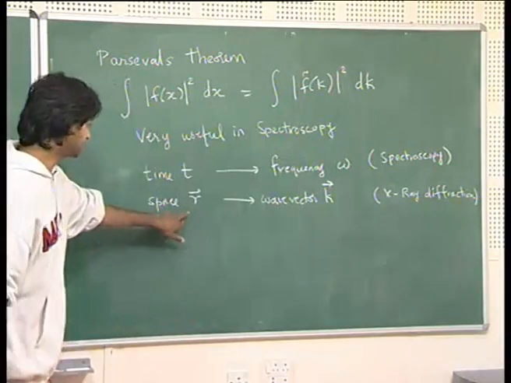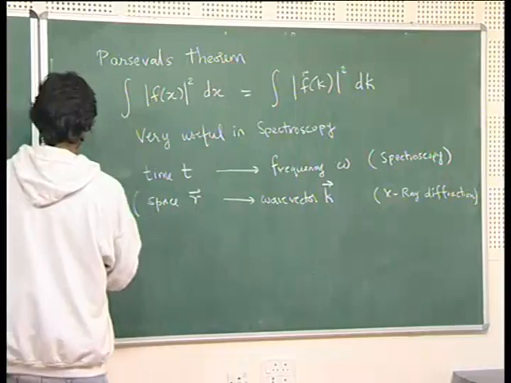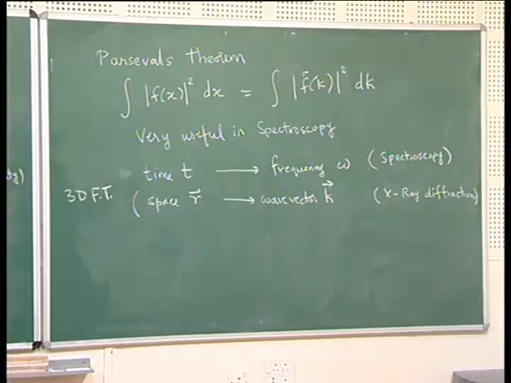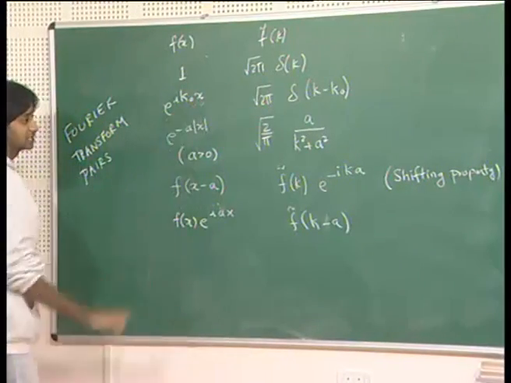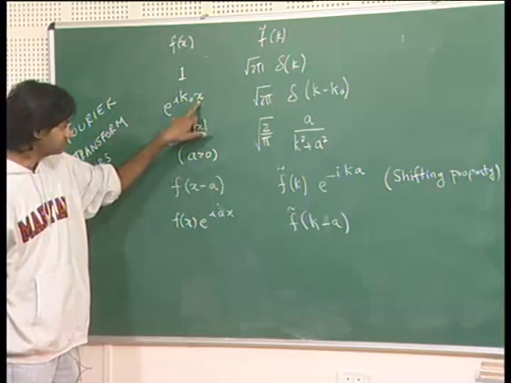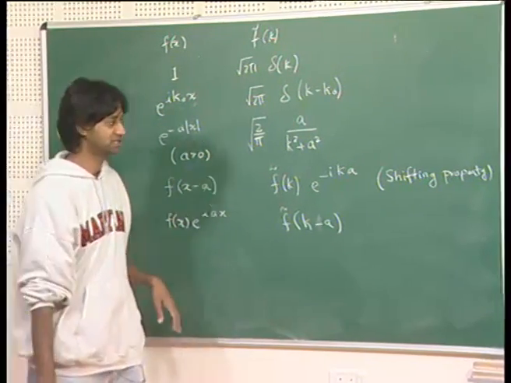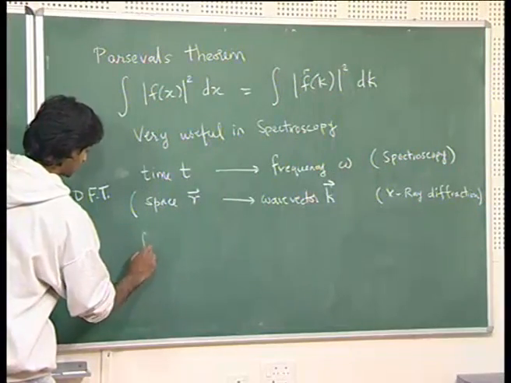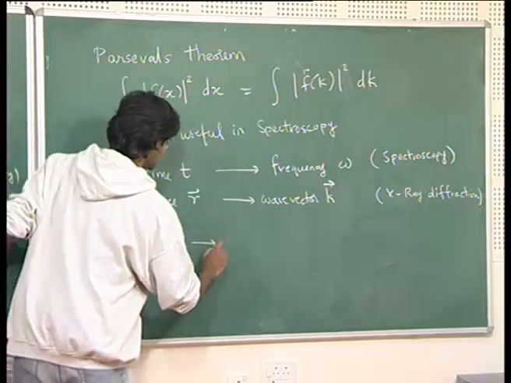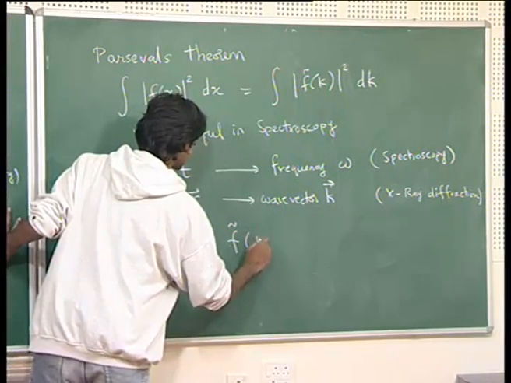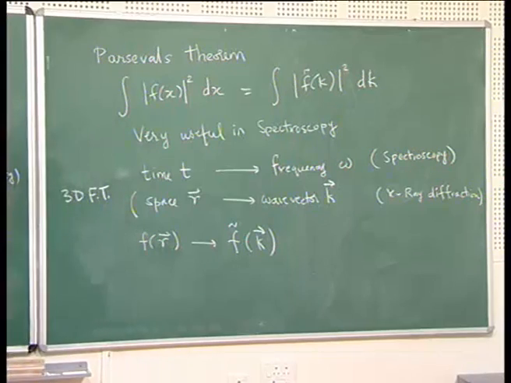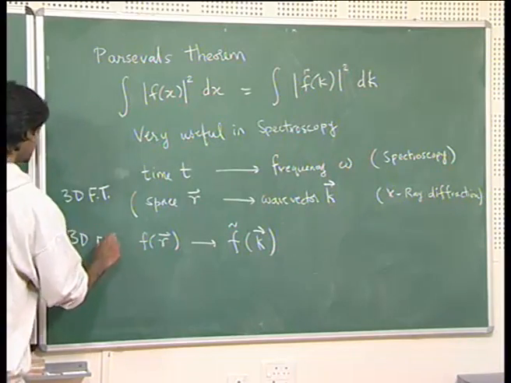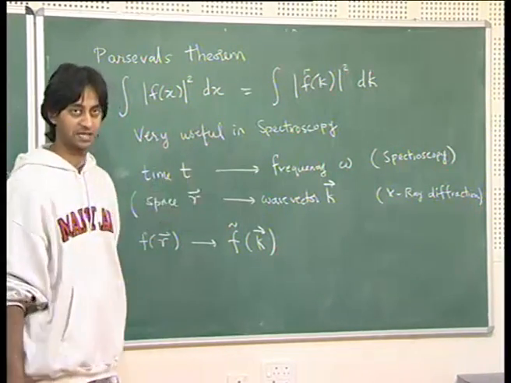So this is a 3-dimensional Fourier transform, where instead of just having a 1-dimensional scalar variable x, you have a vector r with 3 components and you take its Fourier transform. So in that case typically you have f of r going to f tilde of the vector k. This is a 3D Fourier transform, and it is a very important component of X-ray diffraction.